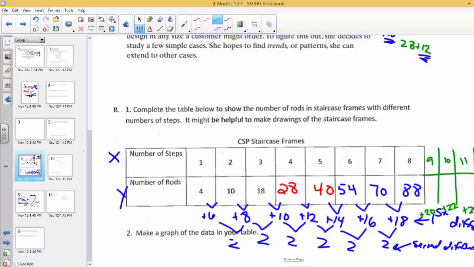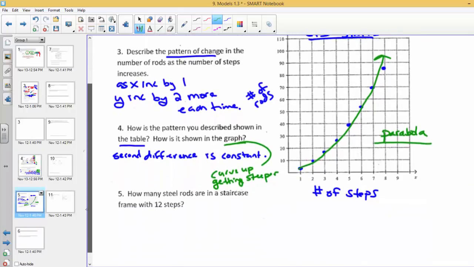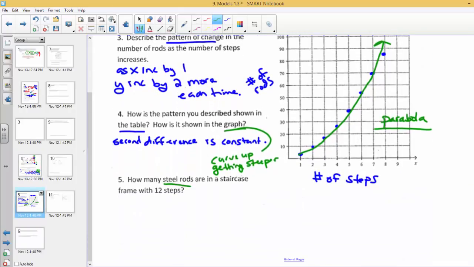So 88 would be 108. 108 would be 130, because you just added 22. 130 plus 24 is 154, and 154 plus 26 would be 180. So 12 steps would be 180 rods.